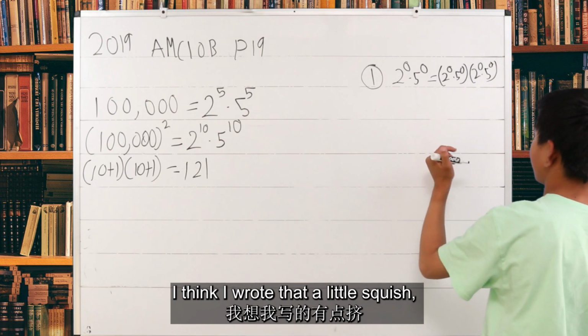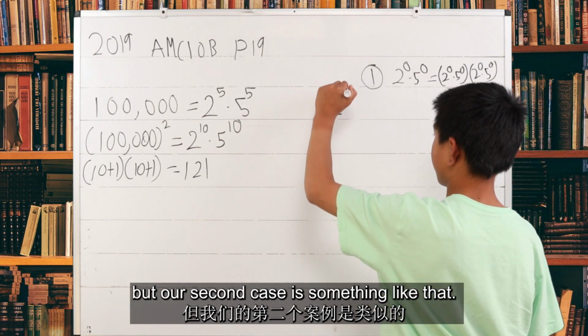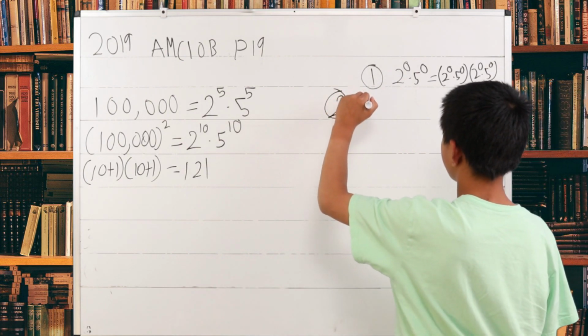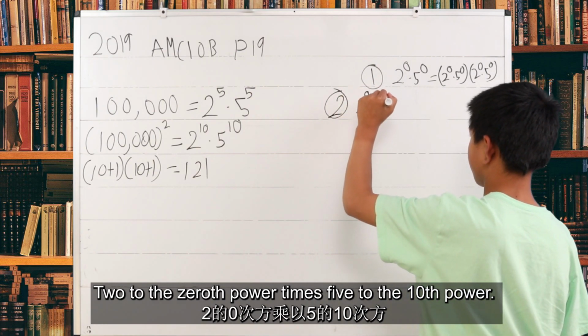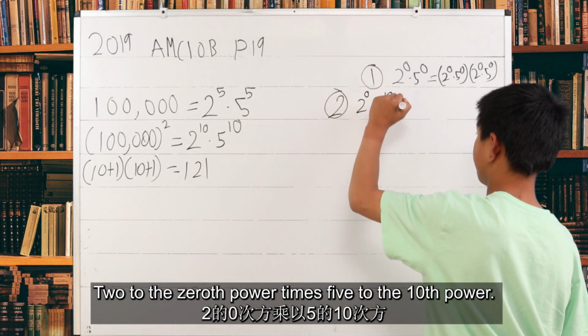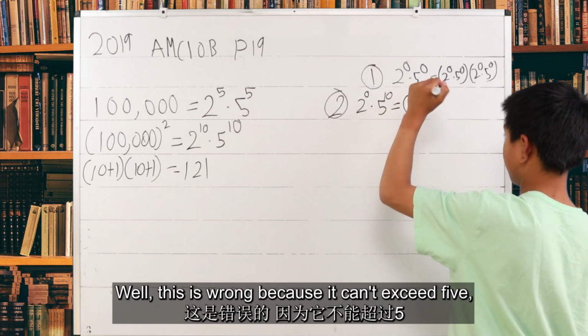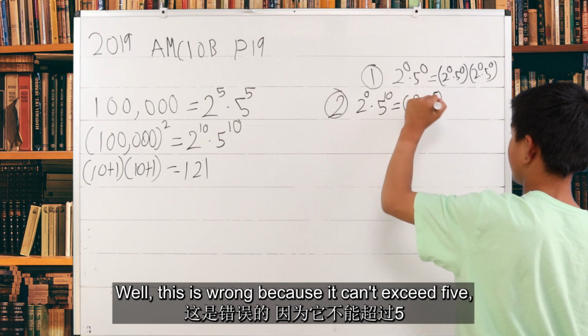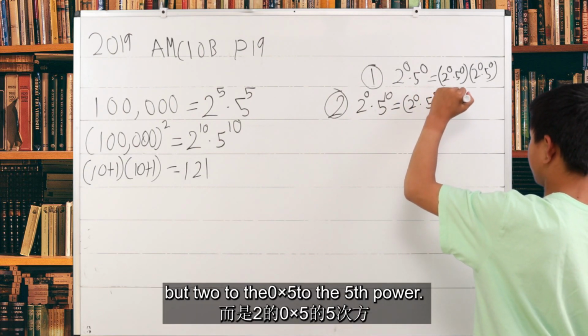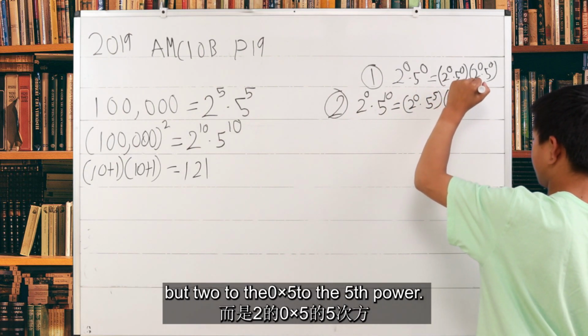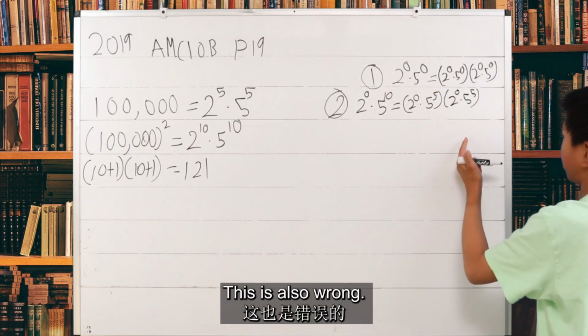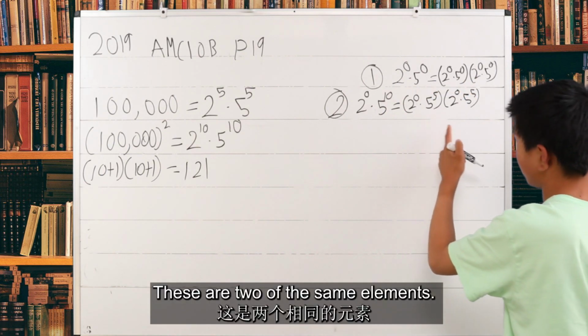I think I wrote that a little squished, but our second case is something like that. 2 to the 0th power times 5 to the 10th power, which can be written as 2 to the 0th power times 5 to the 5th power times 2 to the 0 times 5 to the 5th power. This is also wrong because these are two of the same elements.